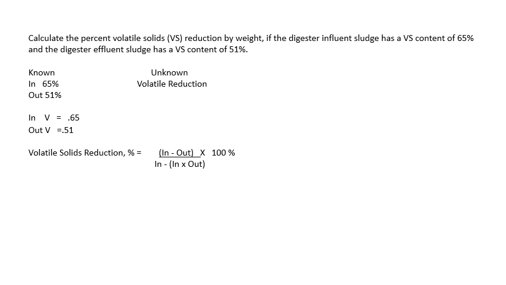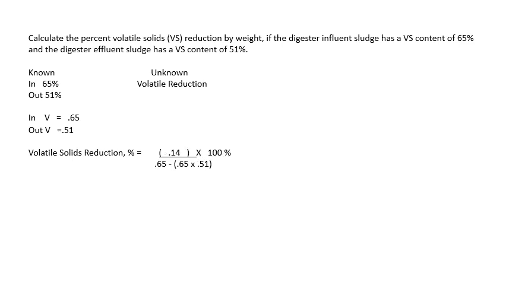We're going to plug those into our volatile solids reduction formula. So the in of 0.65 minus the out of 0.51 divided by the in of 0.65 minus the in of 0.65 times 0.51. So I'm going to solve for the top bracketed problem first. So 0.65 minus 0.51, you get 0.14.